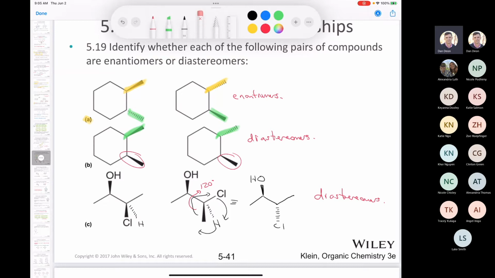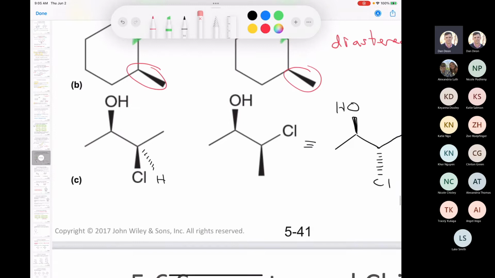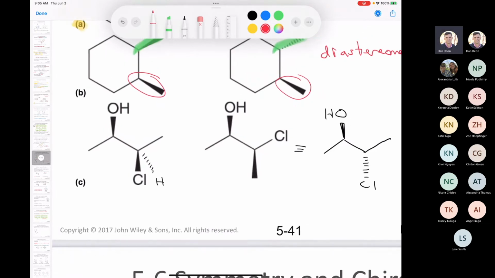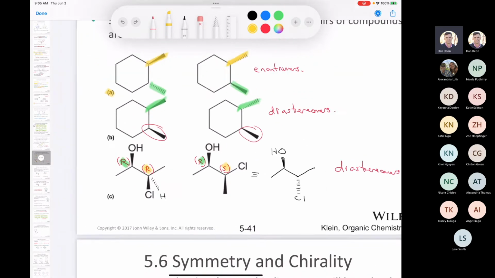I'll let you do that on your own time to get a little bit more practice. But the other option is to just assign the stereochemistry of every chiral center. When you do that, you find that this one is R, this one is R, whereas over here, this one is R and this one is S. And since one of them got switched, then they must be diastereomers. But you could try that on your own time.